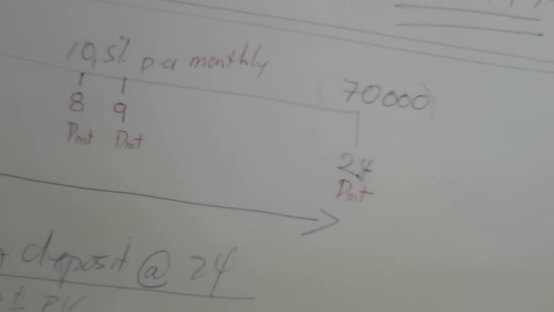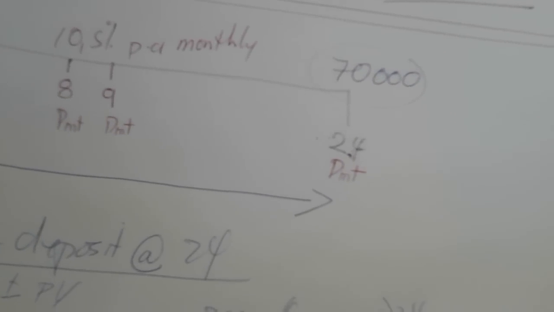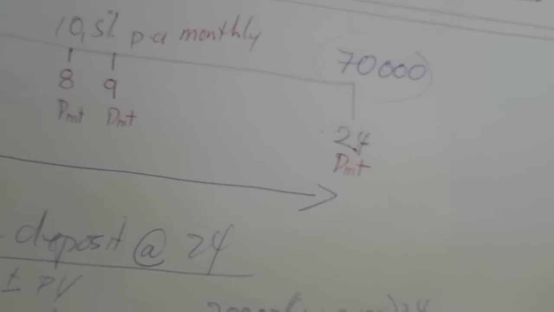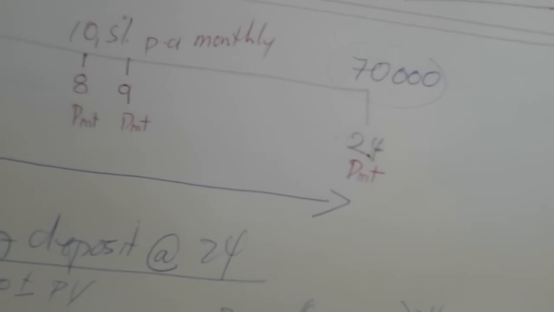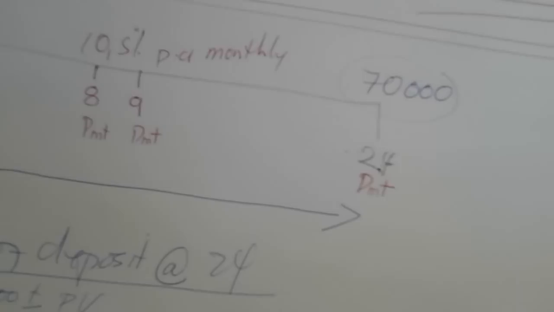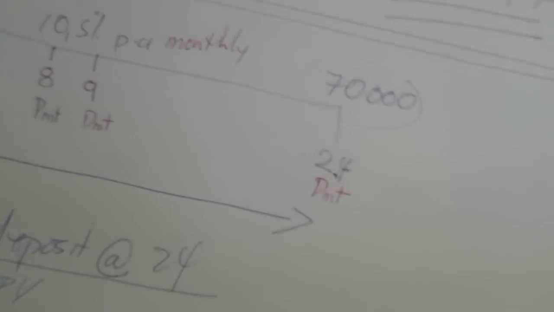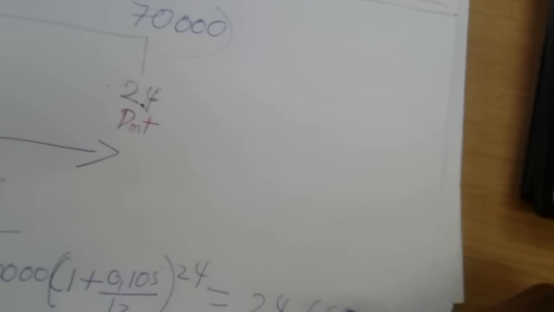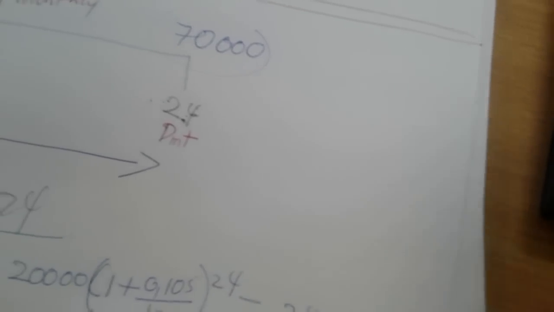So let's go 20,000 open bracket 1 plus 0.105 divided by 12 close bracket second function to the power of 24, and I get 24,651.03.